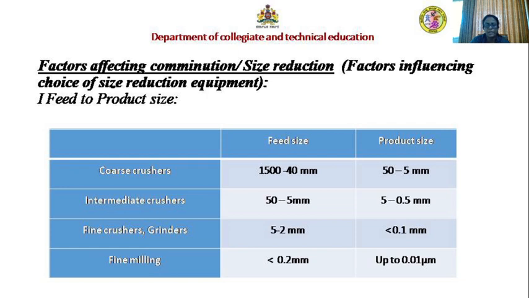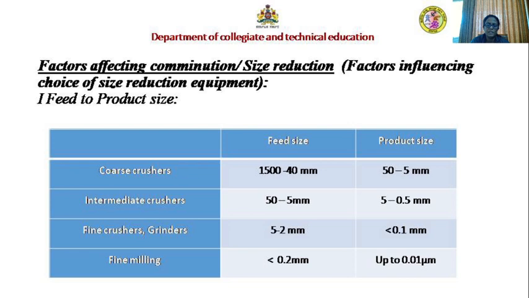Whenever you have particles of size ranging between 50 to 5 millimeters and you want the solids to be reduced to a size of 5 to 0.5 millimeters, then we use intermediate crushers, intermediate size reduction equipment. Then comes the next category, fine crushers, which are usually called grinders.